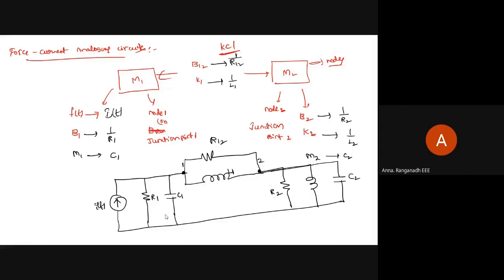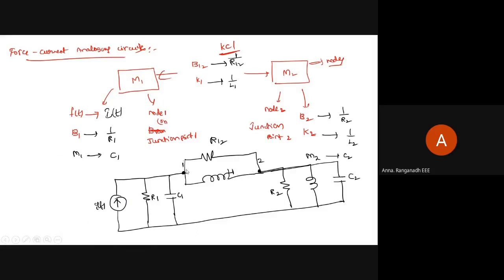So here we can apply the nodal analysis at the nodes. At node 1, what is the nodal analysis? At node 2, what is the nodal analysis? From this we need to draw a separate circuit for the nodal analysis. Nodal analysis means we can apply KCL at node 1 as well as KCL at node 2.